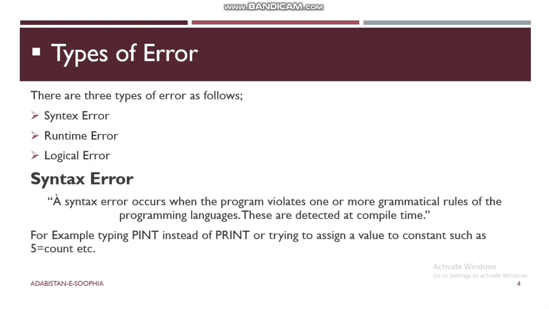For runtime error, you should know that it means the program was in execution, in processing, when the error occurred. Logical error means that there must be some problem in the logic of the program. So these three errors were discussed in detail.